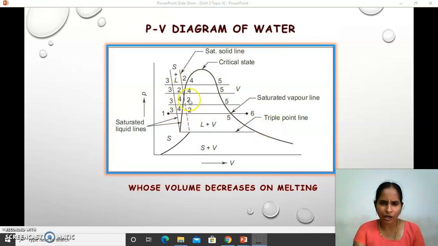Here we will not take into account the left side of the vapor dome, since it consists of only solid and some liquid, and mostly we will be concentrating on the area inside the vapor dome where the water is converted into vapor, because in steam power plants and other applications we take the water and heat it, and the conversion to steam is required. So the region inside the dome would be considered more for our analysis.